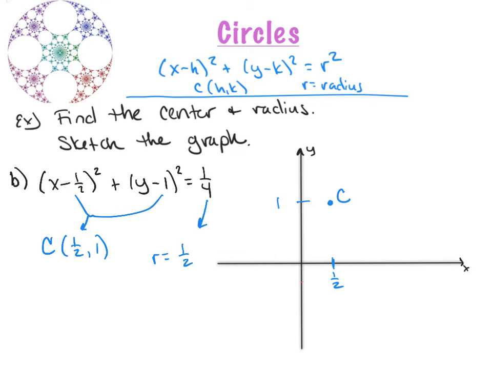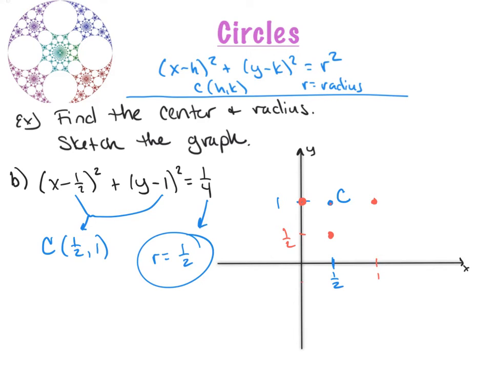Okay, so starting at the center, we're going to go up, down, left, right 1/2 units. So let's see, if we go down, that'll take us here halfway. To the right will take us over to 1. And to the left will take us back to the axis, the y-axis.